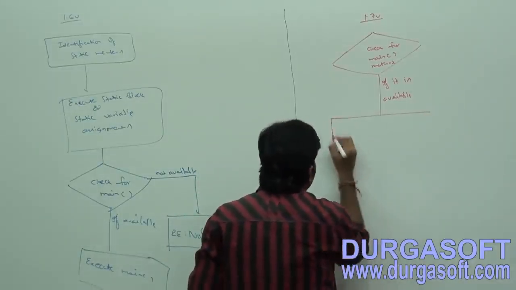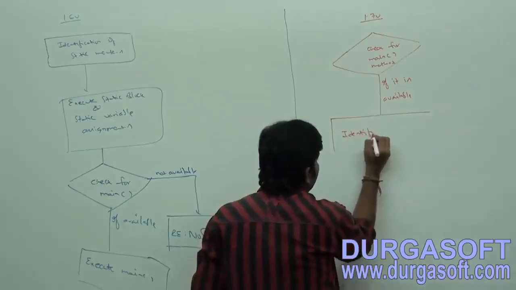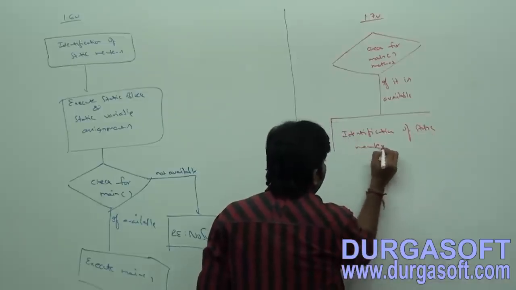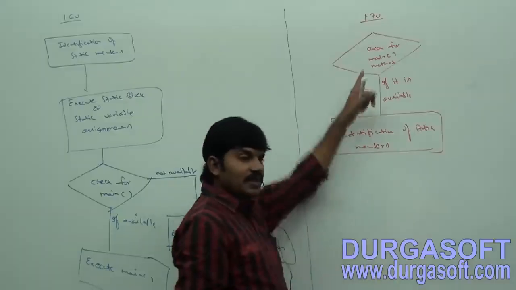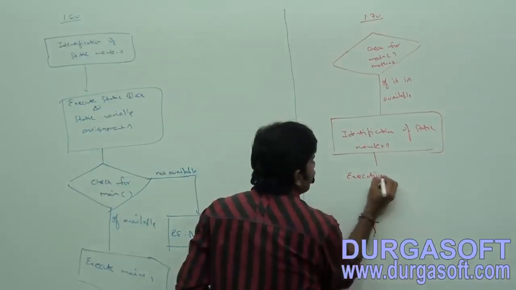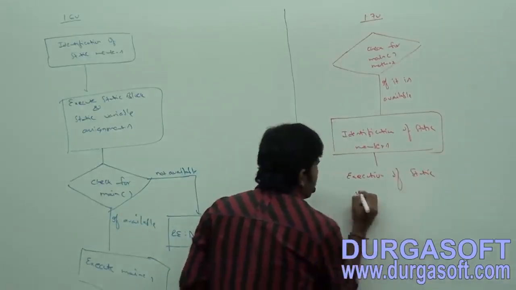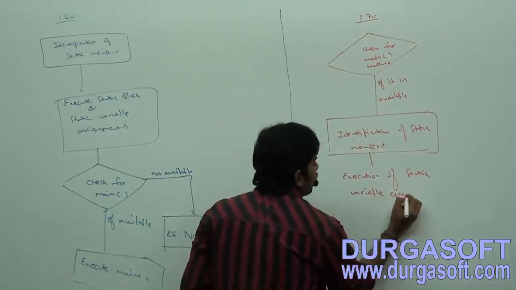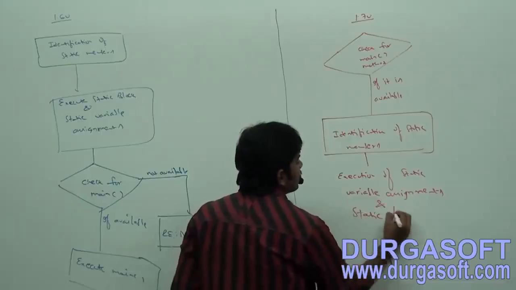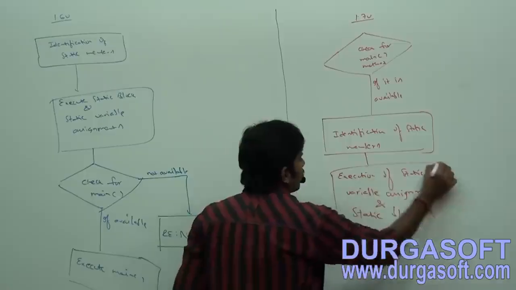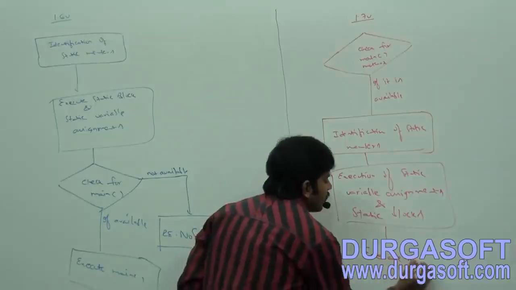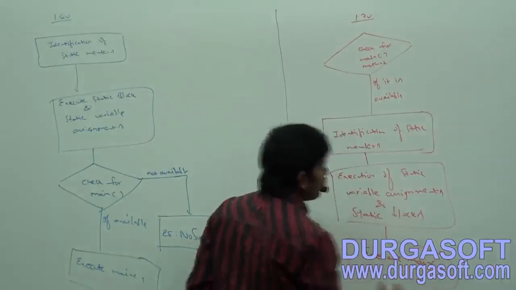Here, see: identification of static members, execution of static variable assignments under static blocks, and then execute main method.